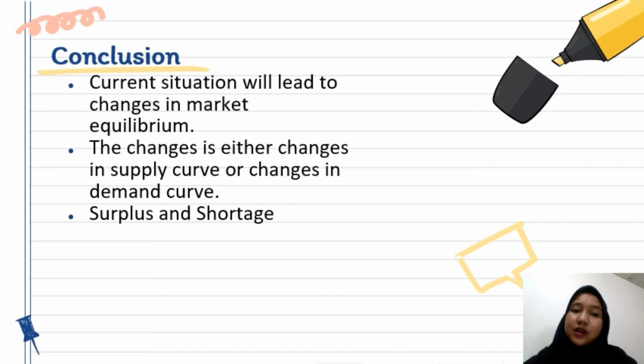And then from the market equilibrium, we can determine the surplus and the shortage. A surplus is when the quantity supplied is greater than the quantity demanded. For example, they produce a lot of stock, but the demand for it is very low.